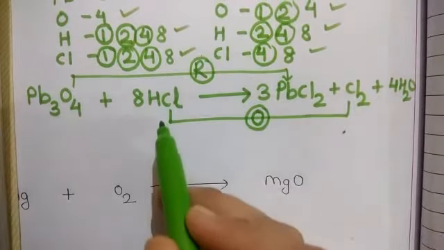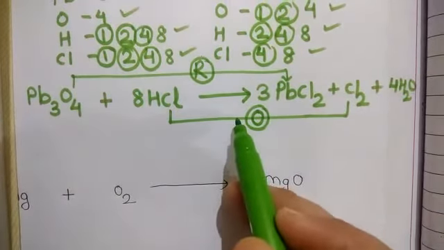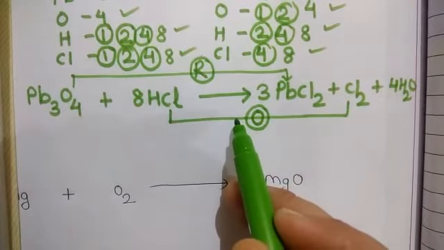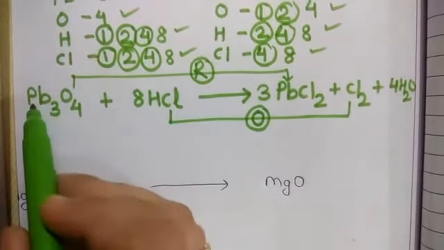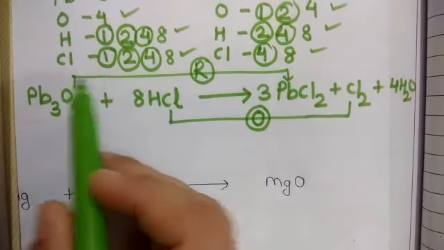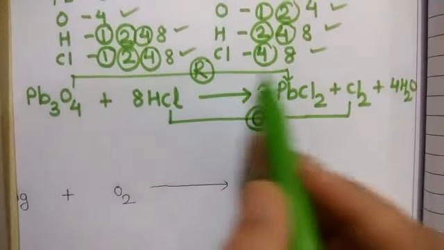So it is showing an oxidation reaction because oxidation involves loss of hydrogen also. Gain of oxygen, loss of hydrogen is known as oxidation. And here, this lead oxide has lost the oxygen while converting into lead chloride. At this time, loss of oxygen is taking place.